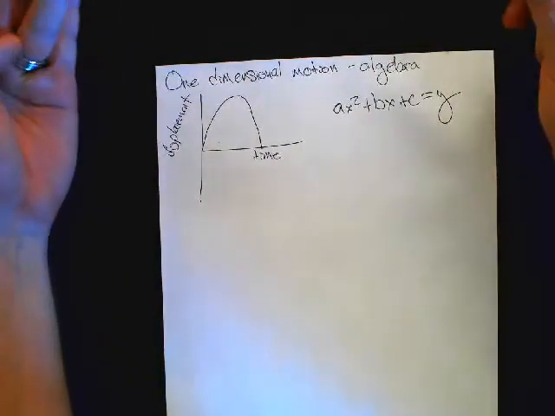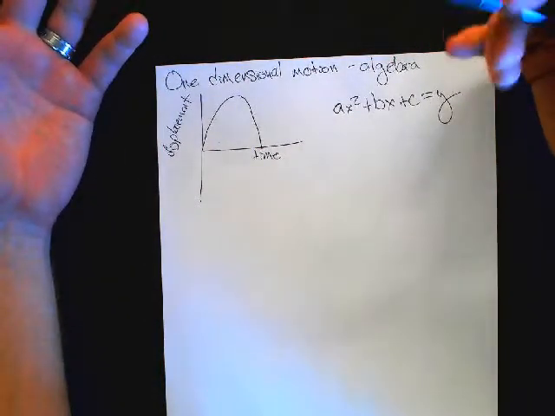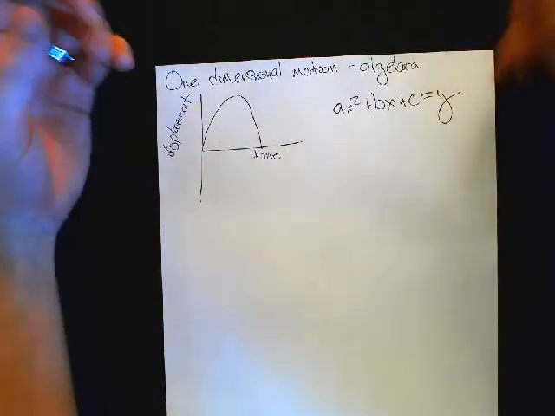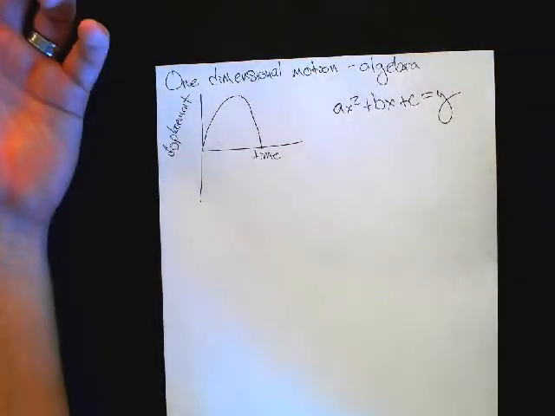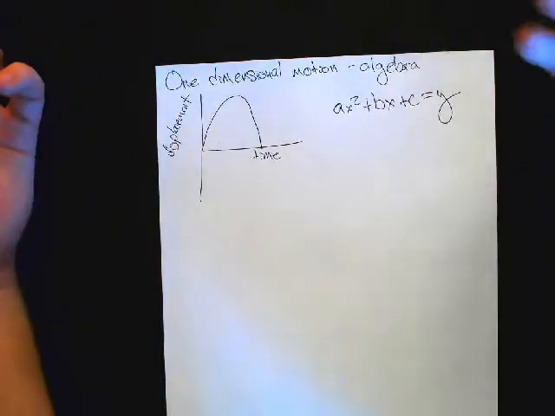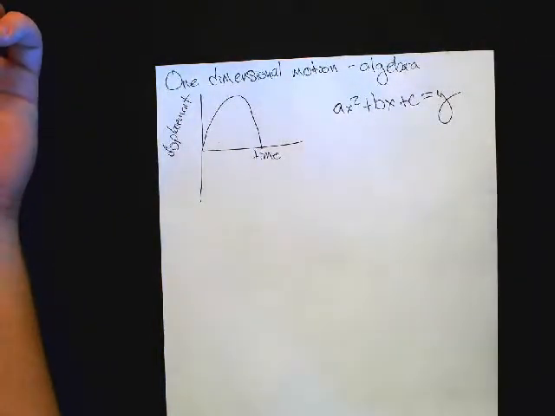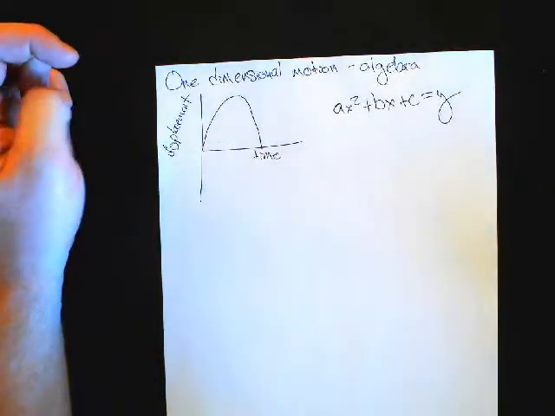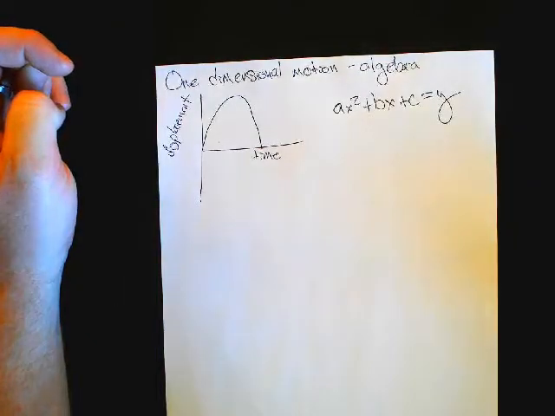Good. Let's take a look here and identify a little bit more about what each of these is physically representing. Mathematically, we understand that x and y are coordinates on a coordinate plane. But in terms of physics, in terms of the real world, what are they representing for us? What is x representing? Time.